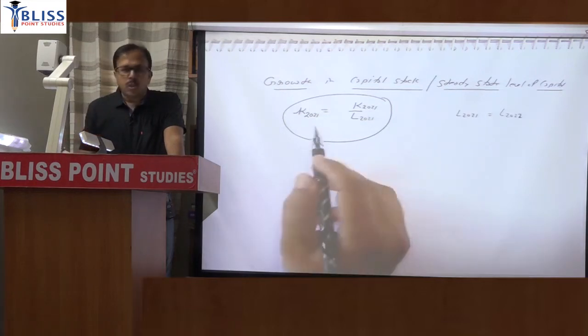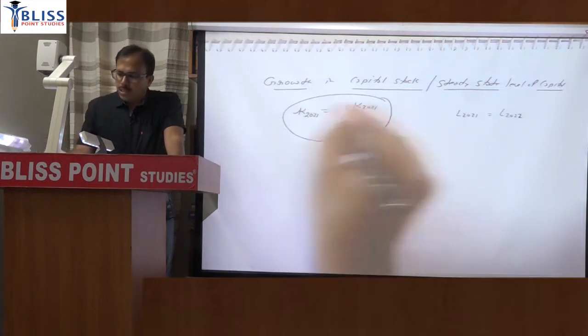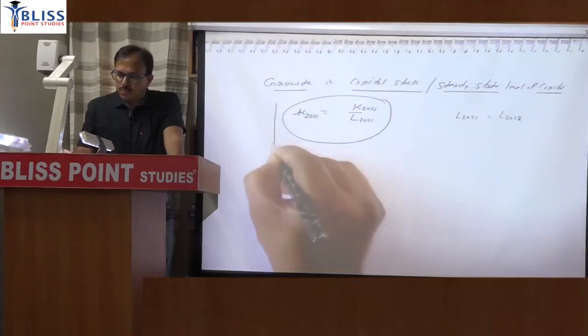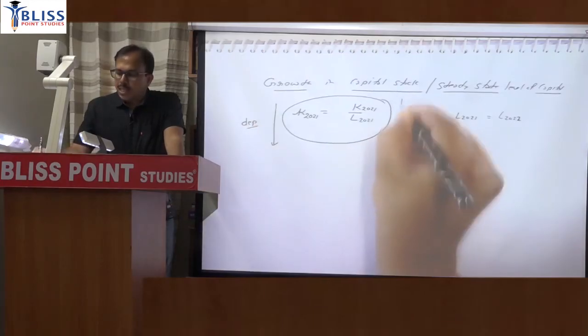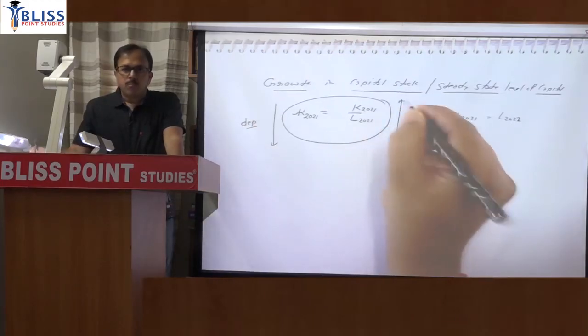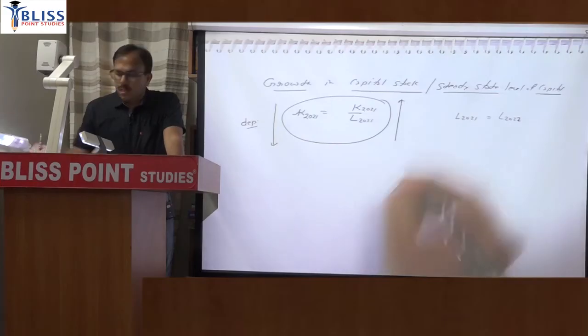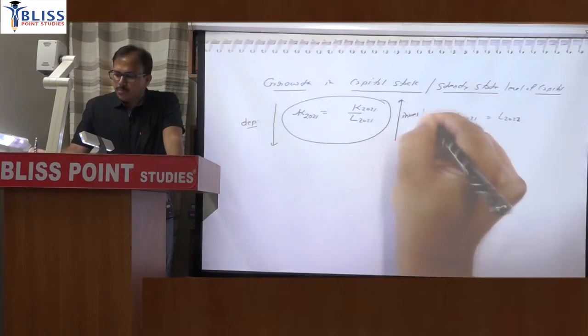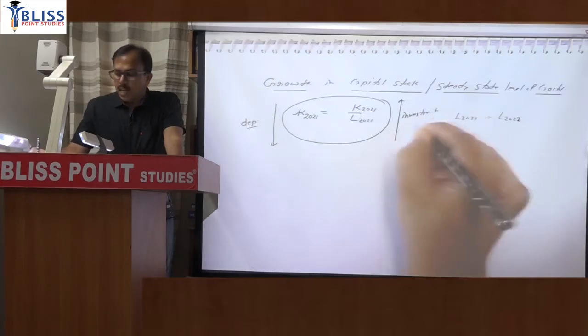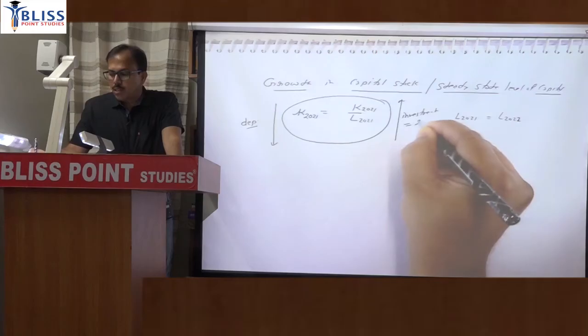So there are two things. One, this stock will decrease because of depreciation, and this will increase because of capital accumulation. And capital accumulation is nothing but investment, and investment is equal to savings, and saving was small s into y.